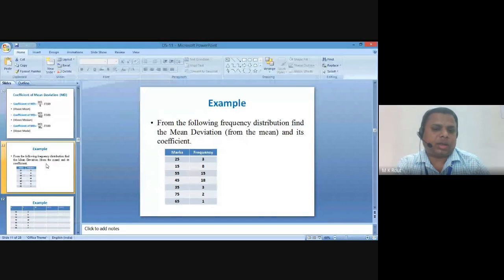In the first column, the following marks are given: 25, 15, 55, 45, 35, 75, 65, and their respective frequencies are given as 3, 8, 15, 18, 3, 2, and 1. The first step is to calculate x bar.